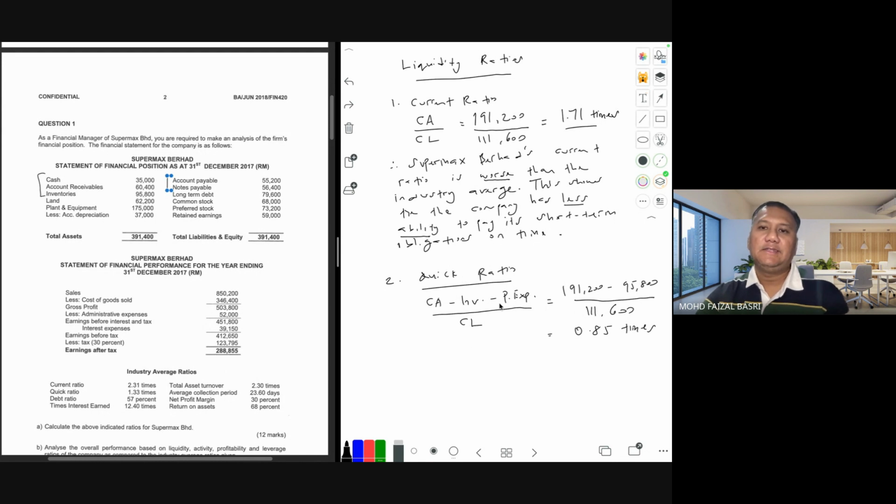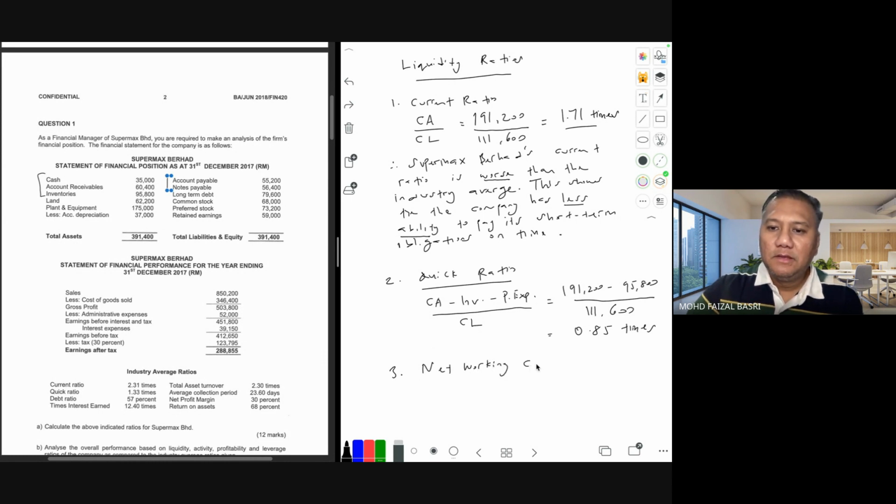And this indicates that the company has, again, less ability to pay short-term obligations on time without relying on the inventories. That last sentence is in the notes. Very simple. And number 3 is net working capital, or NWC in short.